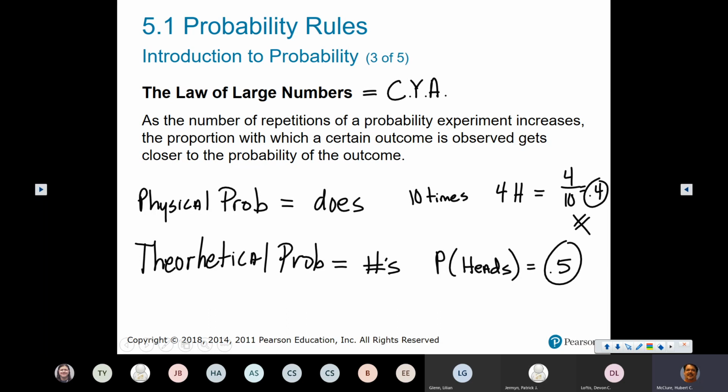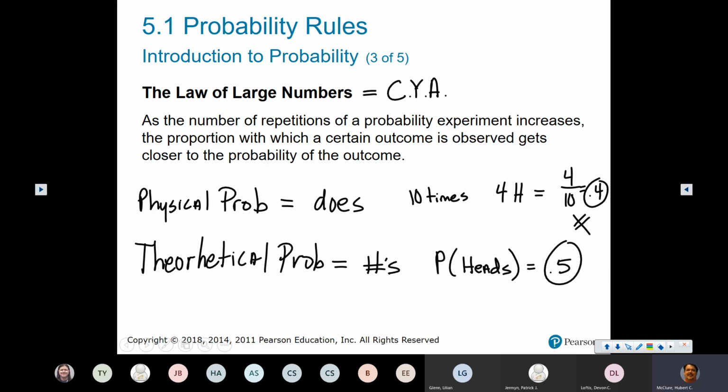Okay? That's why we have the law of large numbers, whether you're dealing with statistics or probability, which go hand in hand. Because if I'm making a prediction, I'm using probability, and if I'm using it off of data, that's statistics. So if you are working for a company in the future and they want you to predict something, you better make sure you don't pull 4 samples. You better make sure you pull 400 or 4,000.